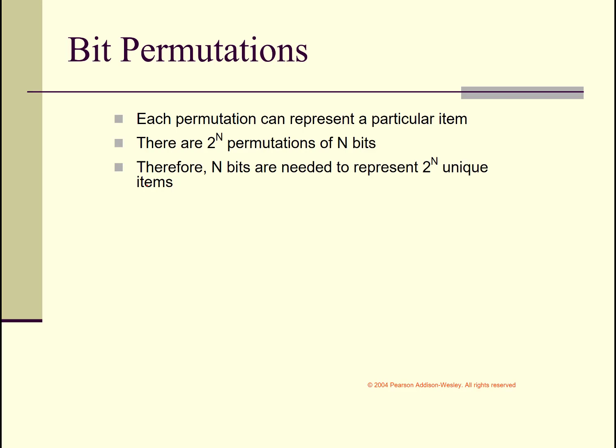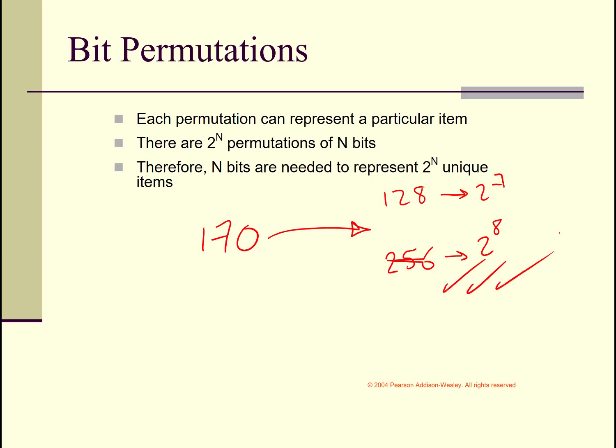We have 170 students, and the nearest numbers that are 2 to the power of something are 128, which is 2 to the power of 7, and 256, which is 2 to the power of 8. So we will choose this one.